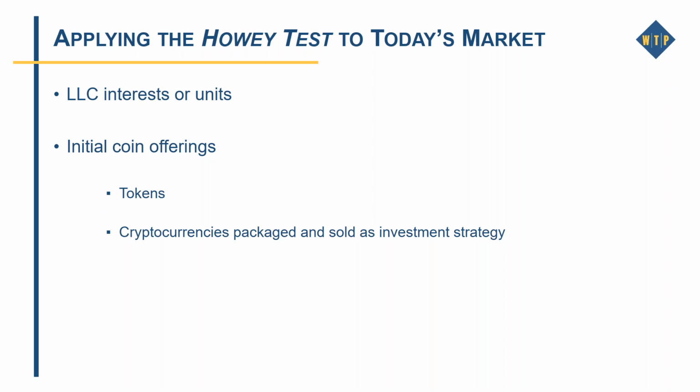A recent note are these kind of initial coin offerings, which I don't pretend to know all the ins and outs about the technology involved, but people were saying, we're selling these utility tokens that give people certain advantages, but they're not securities. And a lot of practitioners kind of sat back and said, well, gee, if you look at HOWEY, it certainly looks like an investment contract.